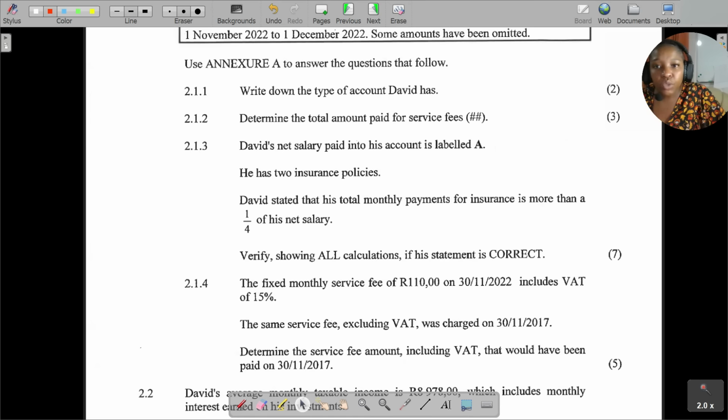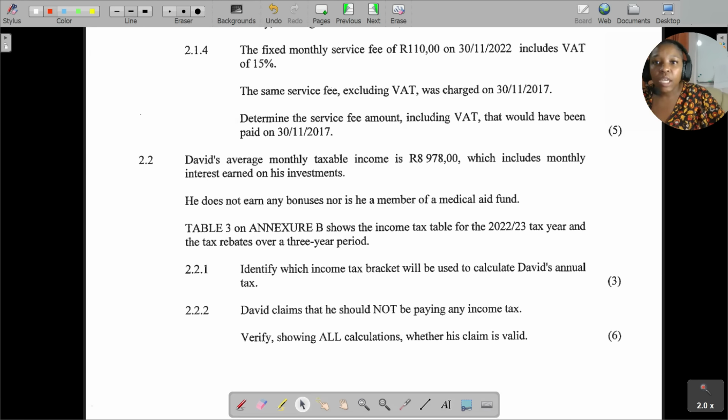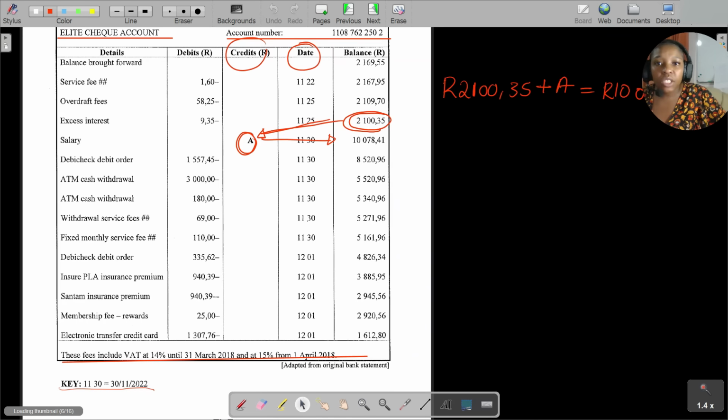Question 2.1.2 says, determine the total amount paid for service fees. So for the total amount paid for service fees, we just need to go to his account and look for where we had a deduction that said service fees. So it's this one, R1.60. Look for other service fees. Withdrawal service fee of 69 rand. That's the fixed monthly salary service fee of 110 rand.